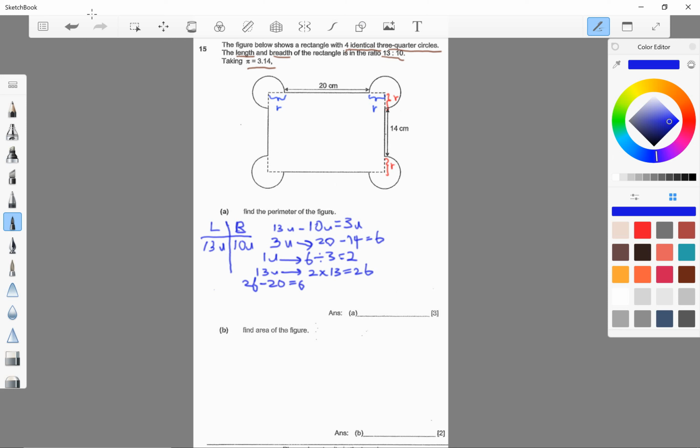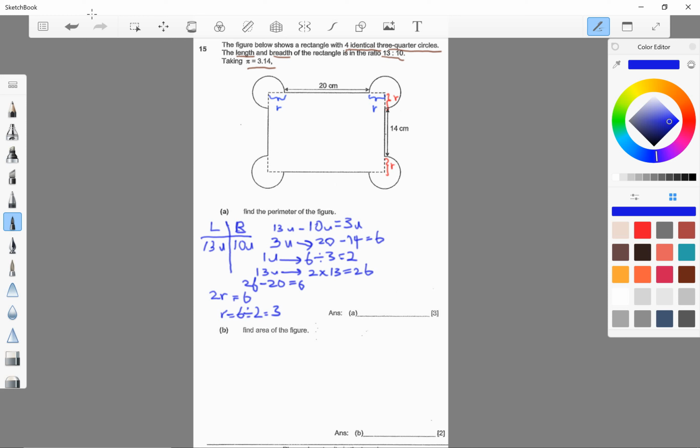And this will mean that double of my radius equals 6. My radius has got to be 6 divided by 2 to give me 3. So having obtained these basic measurements, I can use that to find my perimeter.